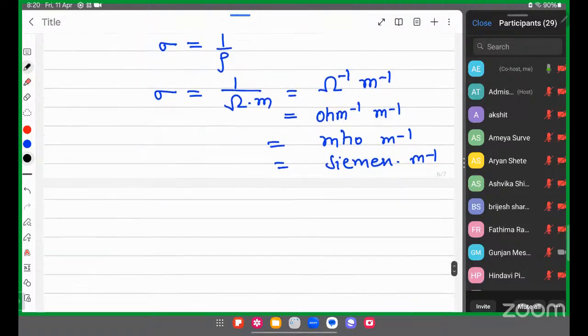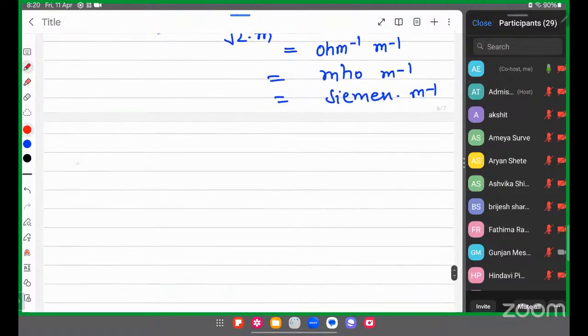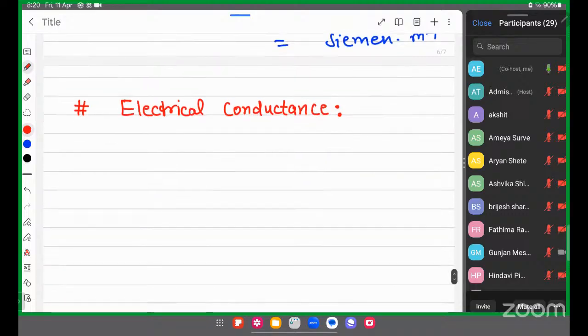Like electrical conductivity, there is one more quantity which is electrical conductance. Electrical conductance is given by, let's say, C, or in some books we take it as K. Electrical conductance is defined as the reciprocal of resistance. 1 upon R is electrical conductance.